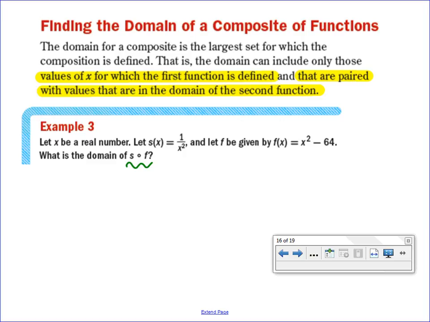Can't be 8 or negative. What else equals 64? Okay, you got it right. You have the right thing.